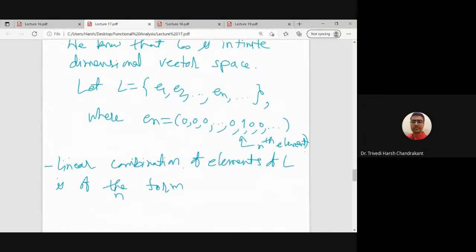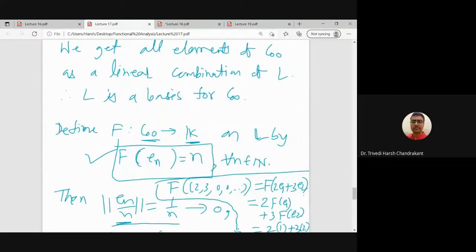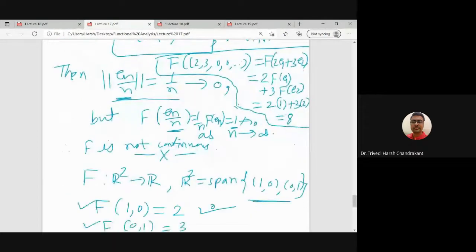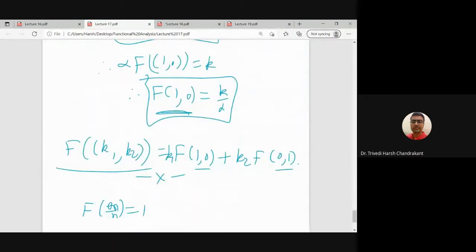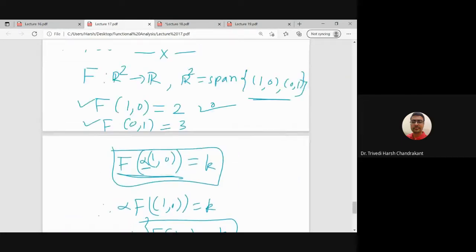Anyway, our objective is to discuss one example showing that this result does not hold in the infinite dimensional case: that every linear function need not be continuous when we take the domain to be infinite dimensional. So what is the equation of this function?